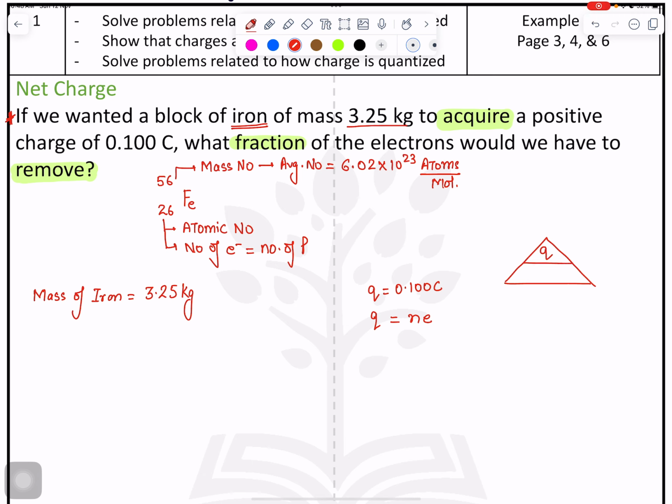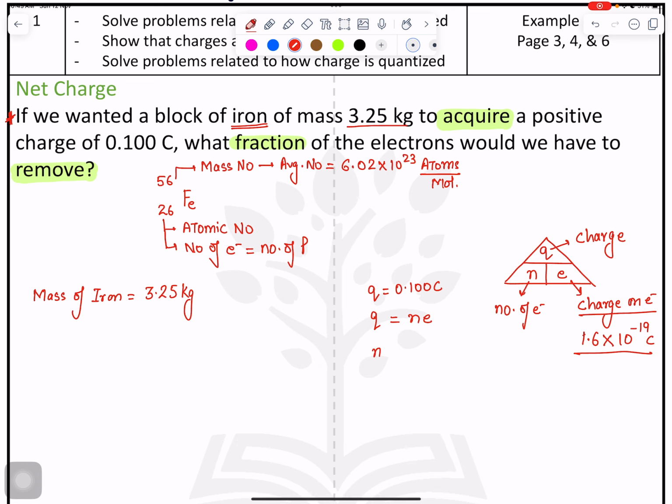Q is your charge, N is your number of electrons, E is the charge on the electron, which is fixed, 1.6 times 10 power negative 19 coulomb, the unit. So Q equals Ne.